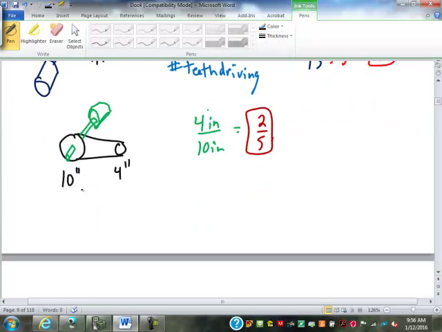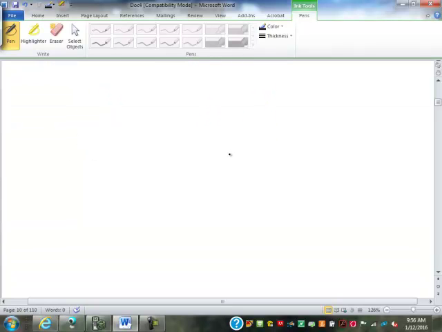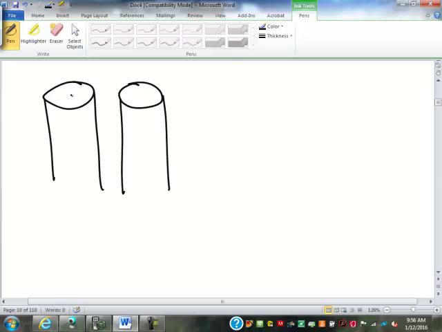So anyway, anybody, let's do something else. Since we're doing mechanical applications, we'll do this one. Anybody want to guess?